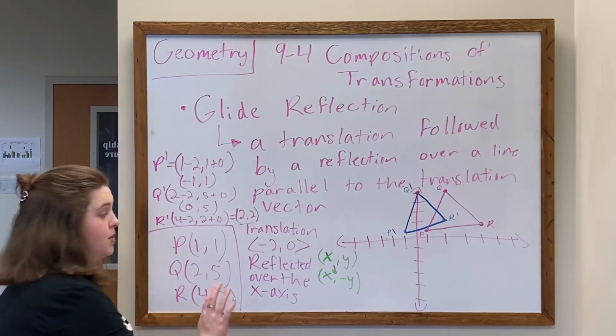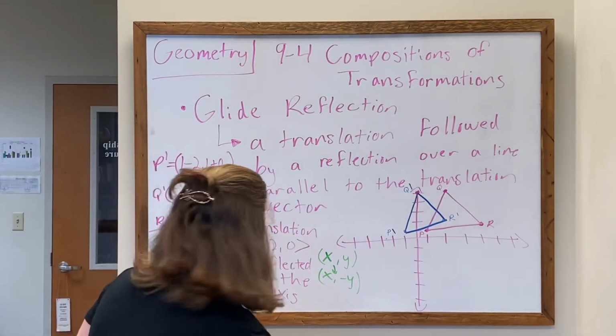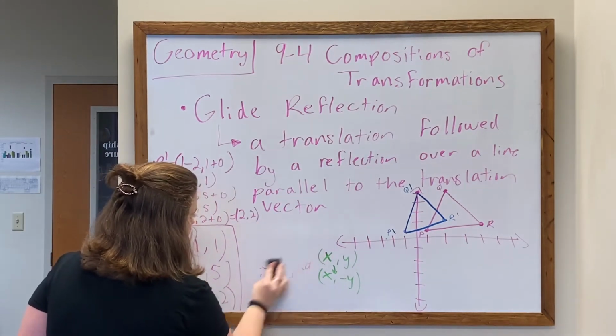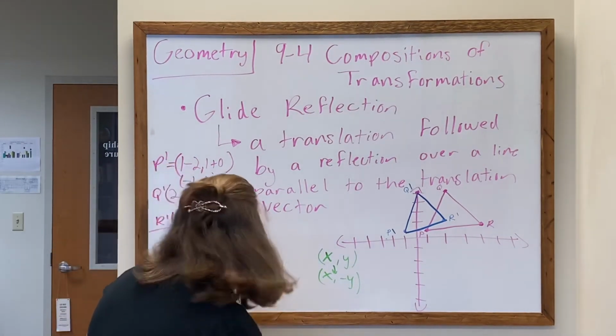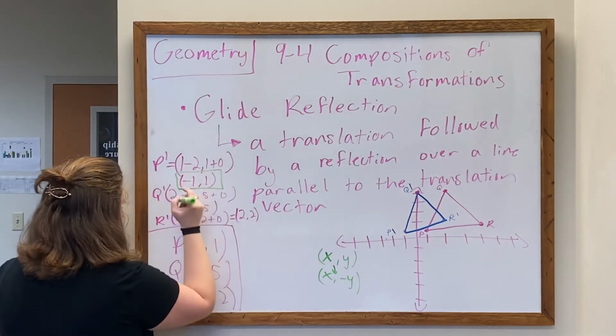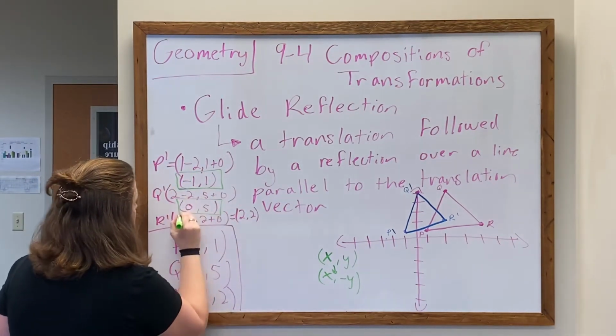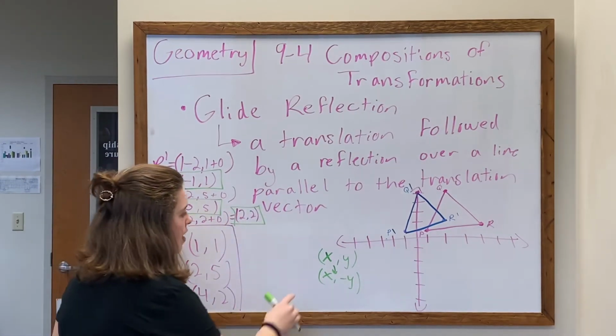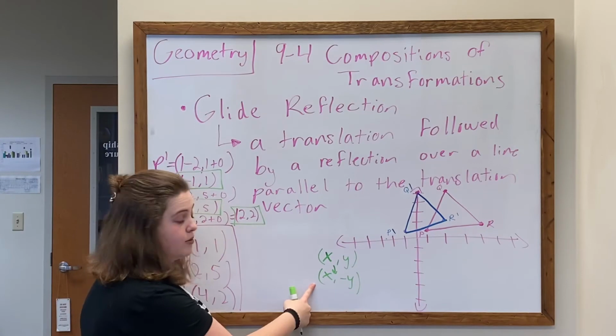I'm going to erase this so that I have room on the board to write. So basically, we're taking our P prime, our Q prime, and our R prime, and reflecting them over the x-axis.